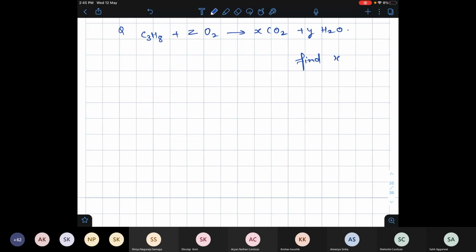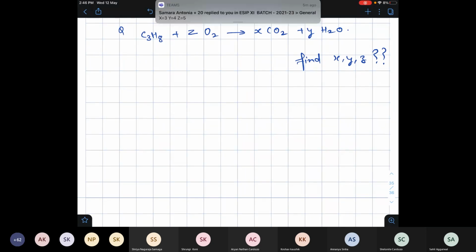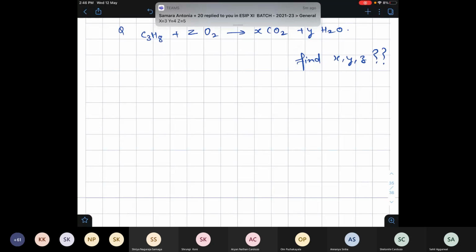Try this. Sir, I got disconnected. Could you just scroll on top for just 1 second?